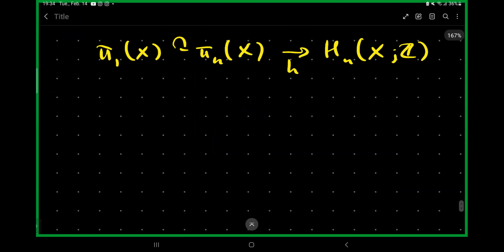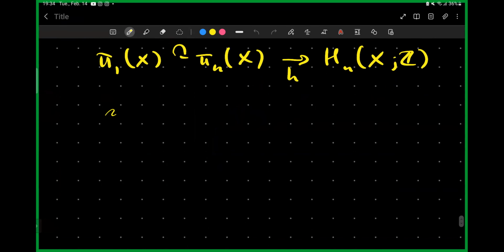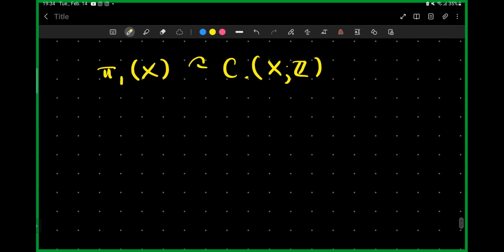action on singular simplices. So okay, I guess we can try to do the following. We can try to define the action of the fundamental group on the singular complex of our space, once again, either with local coefficients or with constant coefficients, by saying the following.